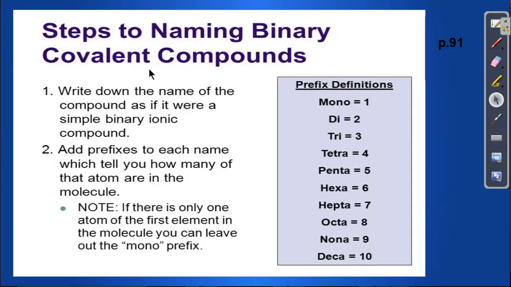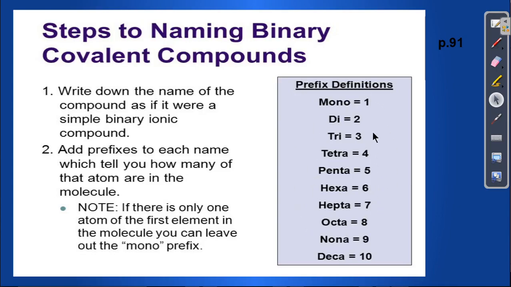What about covalent compounds then? I said to you, the first thing you need to do is be able to tell if it's ionic or covalent before you can name them, and then apply the rules. You would name them like you would name an ionic compound, but you're going to have to tell me how many atoms you have of each kind.